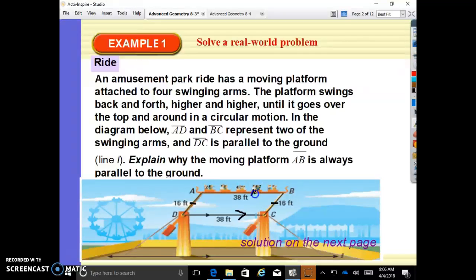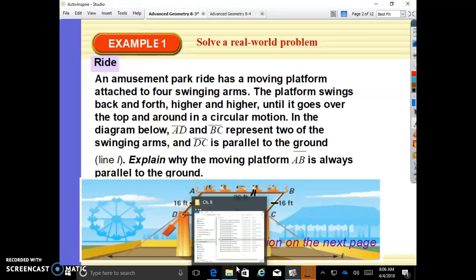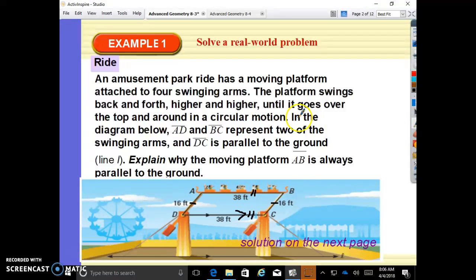These are both 38 feet, so they're congruent. It's a parallelogram, is what you're saying? So if this is parallel to the ground, then this is parallel to the ground?